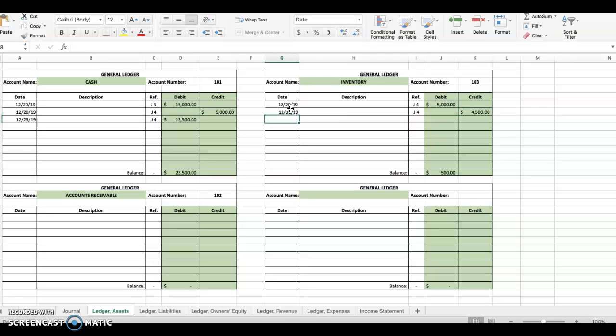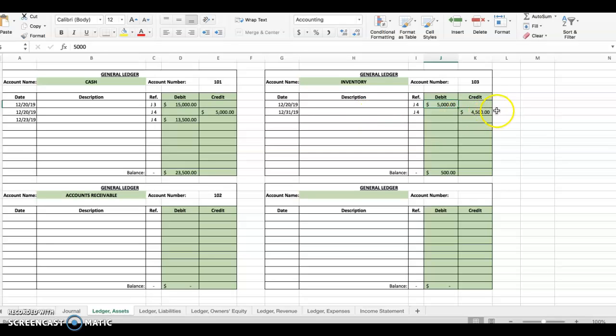So this account shows us how much we have in inventory, which means the product that we're going to sell. On December 20th, we had 5,000. That represented the 100 cell phones at $50 a piece. But then we sold 90 of them. We sold most of the cell phones. So we have to account for that.